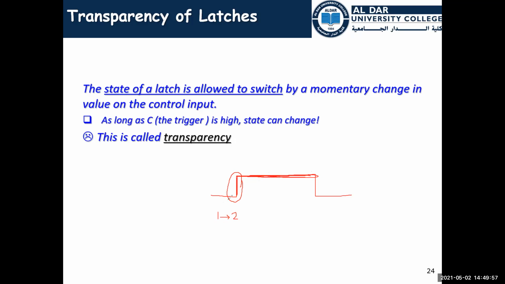I want to flip the input or change the state of the circuit from state to state at the edges. Okay, this is control C that we have seen with the SR latch.